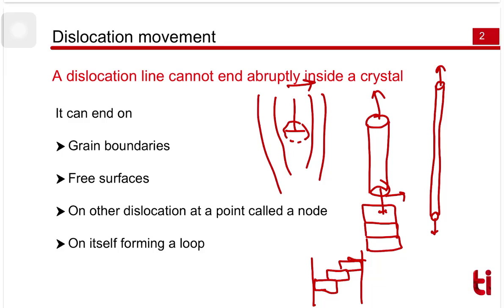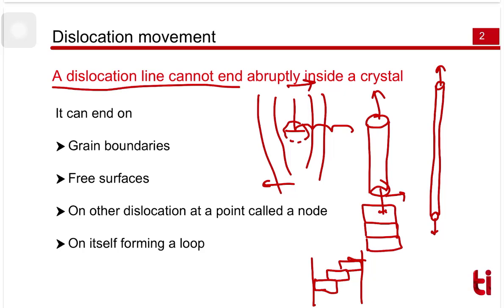Whenever you apply a shear force, because plastic deformation is occurring due to the slipping of planes under shear force, this dislocation starts moving. So this dislocation movement is very, very important to understand plastic deformation also. Generally, whenever you apply shear force, the dislocation moves.